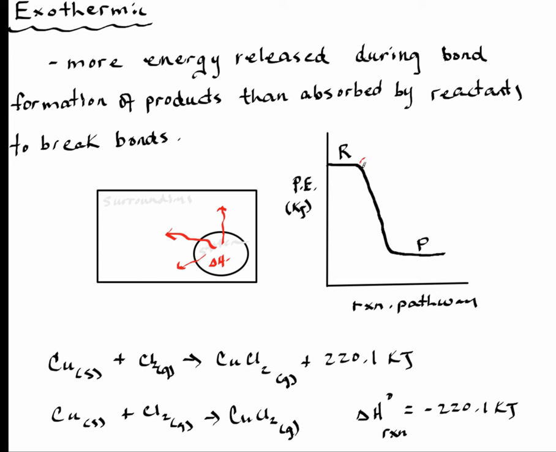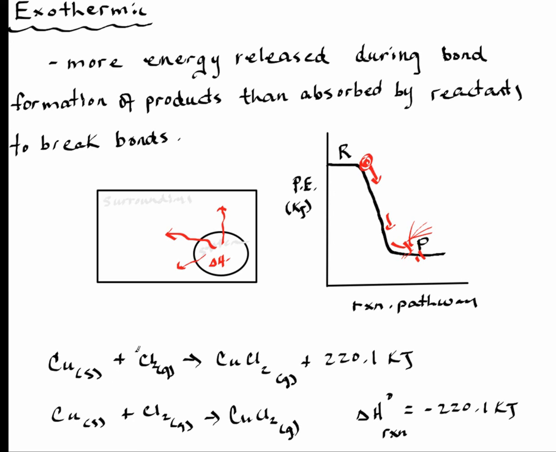Again, if you think of this in terms of a large boulder, if I let that large boulder go, it's going to follow the natural inclination of this slope, and it's going to roll down this hill, and that higher potential energy is going to turn into kinetic energy, and it's going to do a whole bunch of work as it's going down the hill, and maybe smash something when it gets down here. So it's going to be at a much lower energy by the time it gets down to this level here. So the reactants are at a higher potential energy than the products.